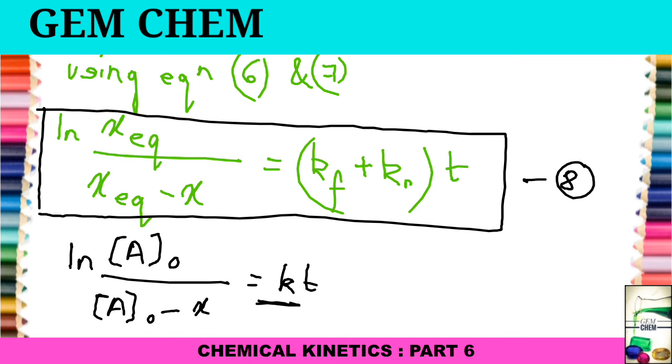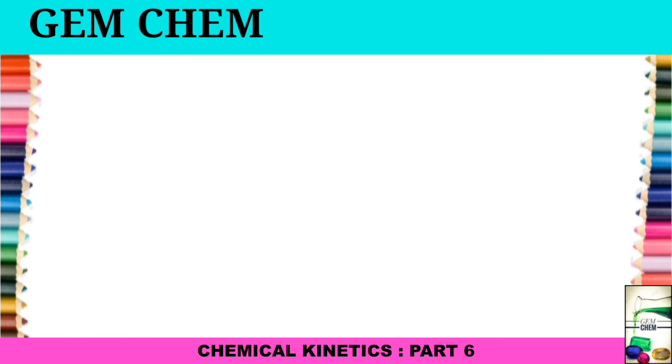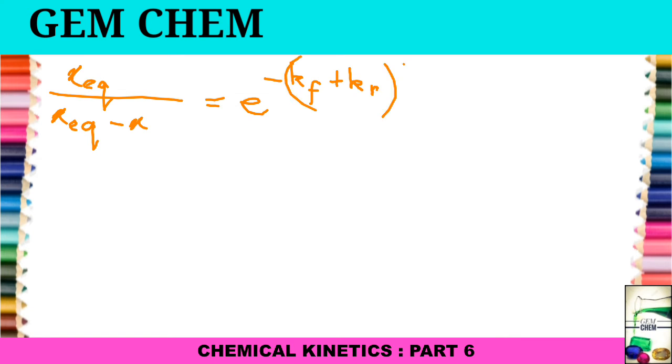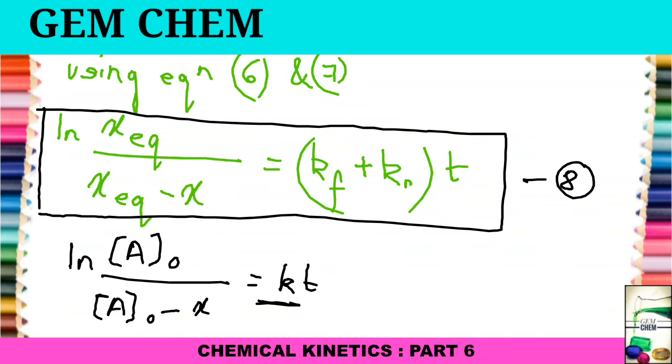Now we will see the different forms and the different techniques to obtain the Bt and At. If you focus now, we have obtained different equations like this: X equilibrium by X equilibrium minus X equals to e to the power minus Kf plus Kr T. What we have done is, we have taken antilog on both sides.